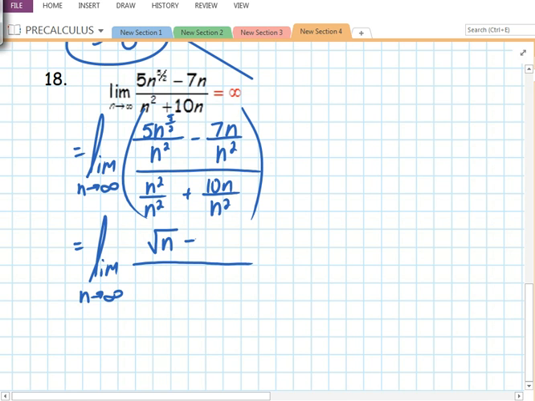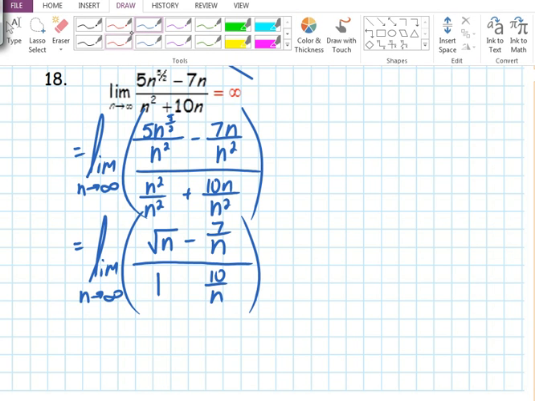This one here is minus 7 over n. Here you have 1 in the denominator, and here you have 10 over n. Now let's take a look at these limits individually. On a test or quiz, you may choose to not rewrite every single one of them. So here you go.